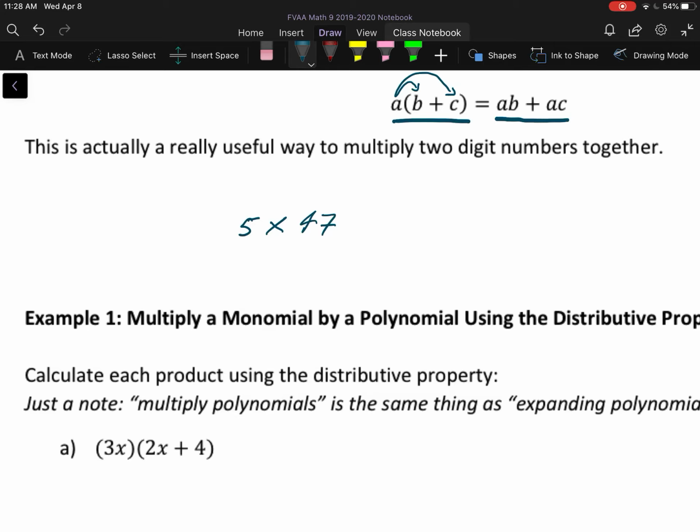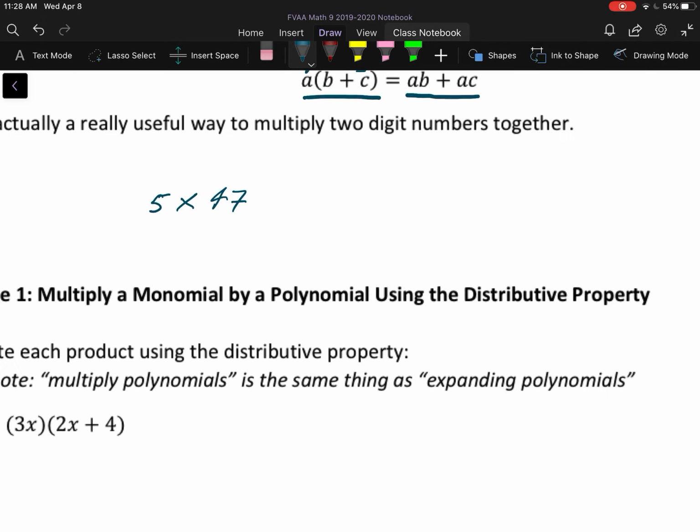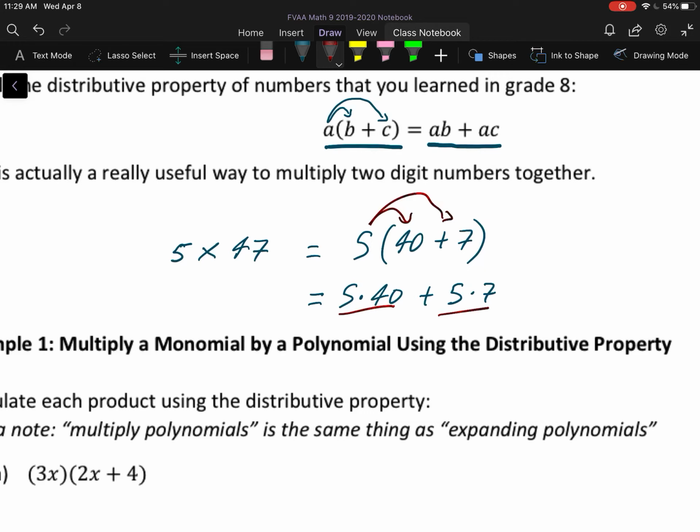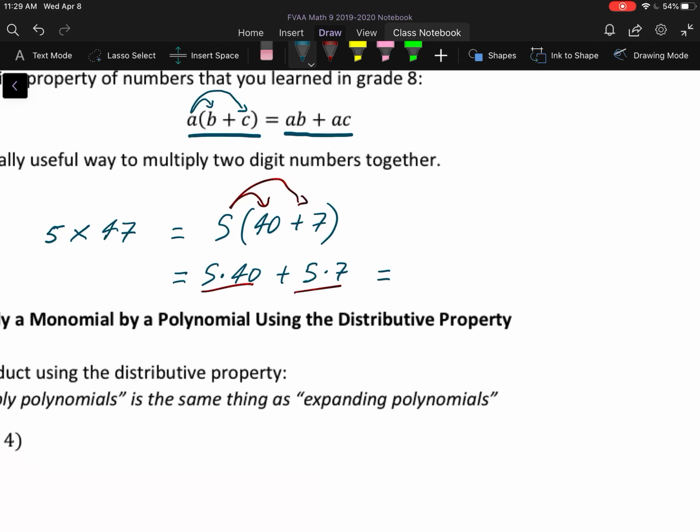Obviously you can probably figure it out pretty quick, but sometimes representing a number like this as 5 times 40 plus 7, which would break down into 5 times 40 plus 5 times 7, using the distributive property, the 5 multiplies to the 40 and the 5 multiplies to the 7. 5 times 40 is 200, and 5 times 7 is 35, which would give you an answer of 235.